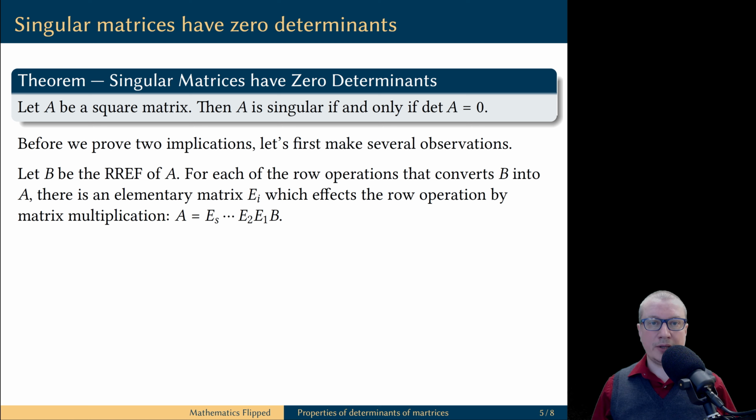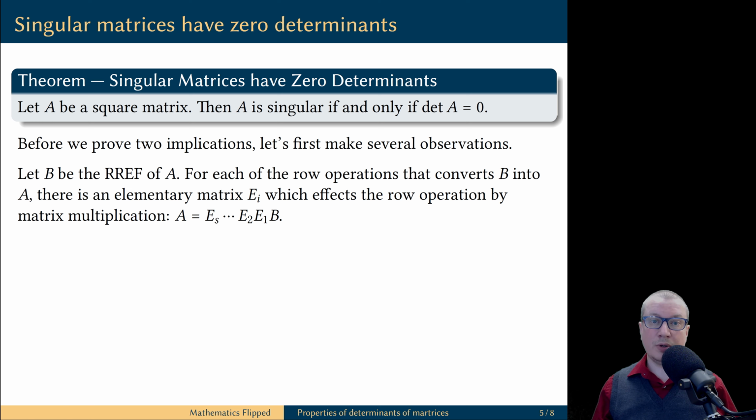We have a square matrix A, and let B be the reduced row echelon form of this matrix A. This means there is a sequence of elementary row operations that transforms A into B. But then by reversing this sequence of row operations, we can also transform matrix B into the matrix A. So, for this sequence of row operations, which transforms the reduced row echelon form B into the matrix A, we will record the sequence of corresponding elementary matrices.